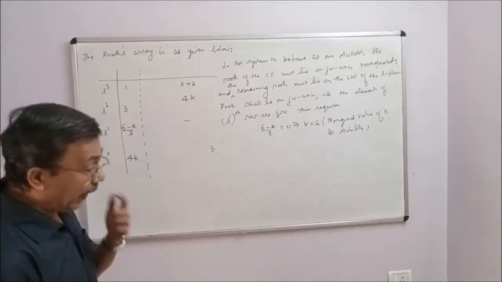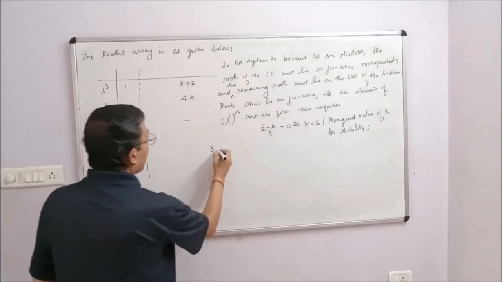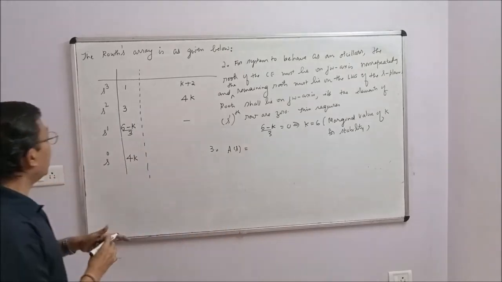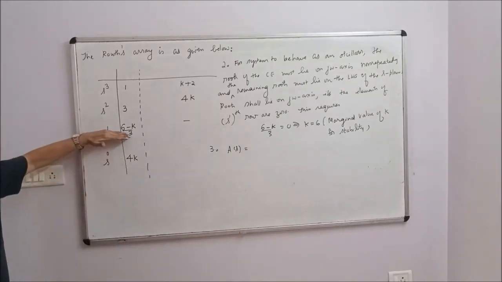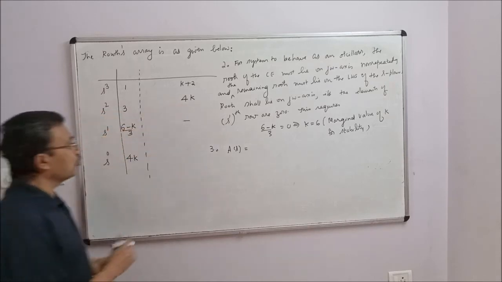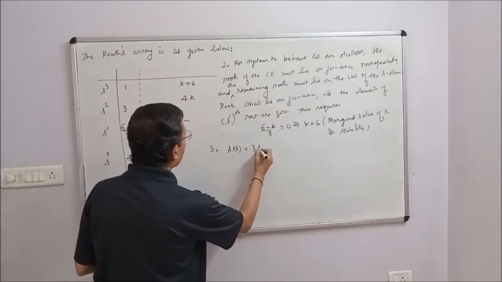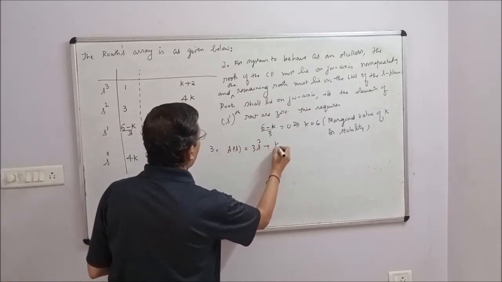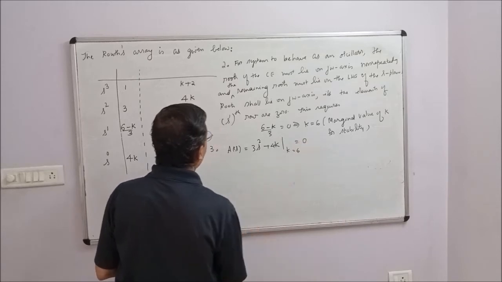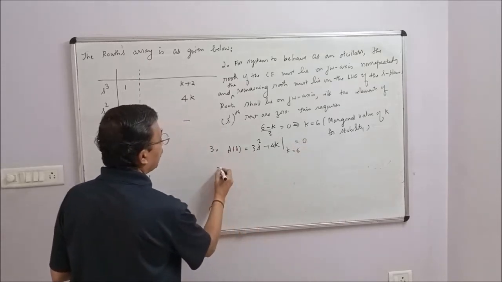The corresponding auxiliary equation A(s) has to be found using the row above this. So this is the coefficient of s squared, and this is the coefficient of s to the power 0. So it is 3s squared + 4K, with K equal to 6, must be equal to 0. This is the auxiliary equation.